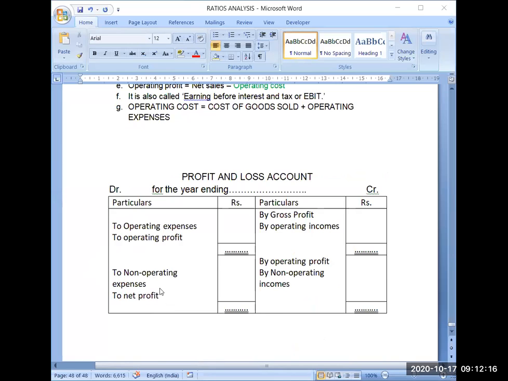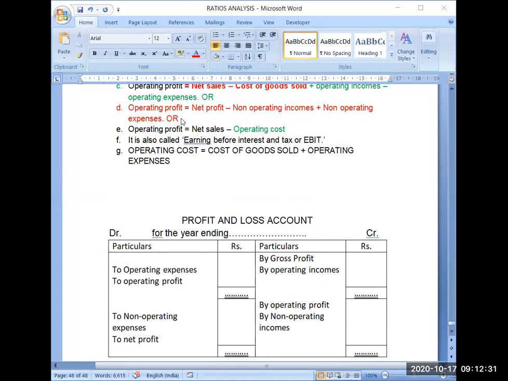So in net profit, if I add back these non-operating expenses and subtract these non-operating incomes, I will again reach the operating profit. So this is also a formula for that. Operating profit is equal to net profit minus non-operating incomes plus non-operating expenses. So what I mean to say is that if you remember this whole format, you will be able to remember each and every formula.